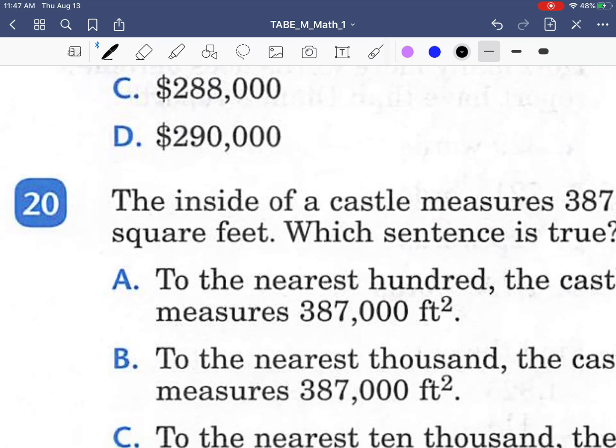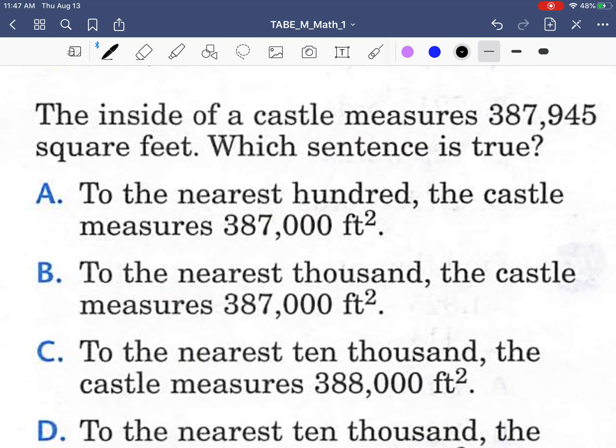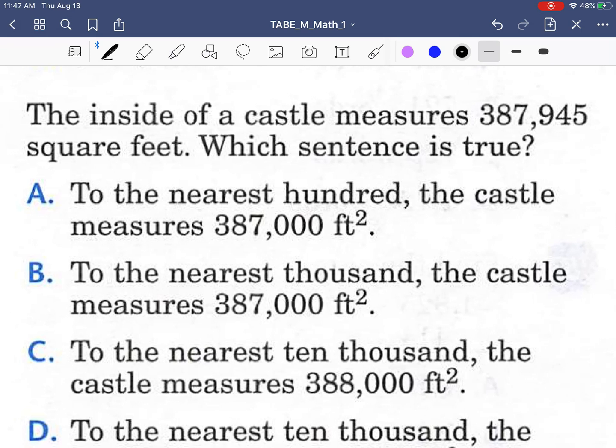And finally, the inside of a castle measures 387,945 square feet. Which sentence is true? So you may be thinking there's no point of reference in that problem. And you're right.